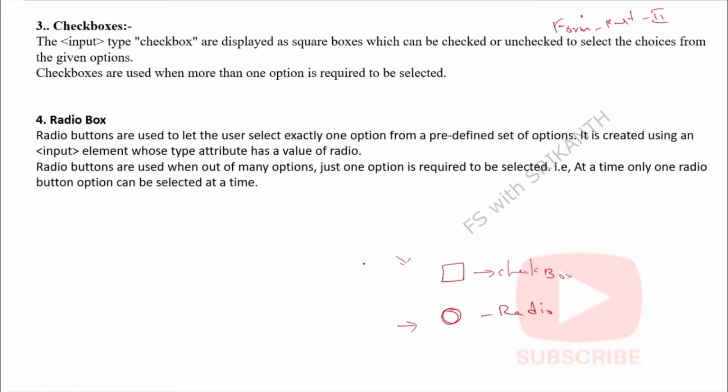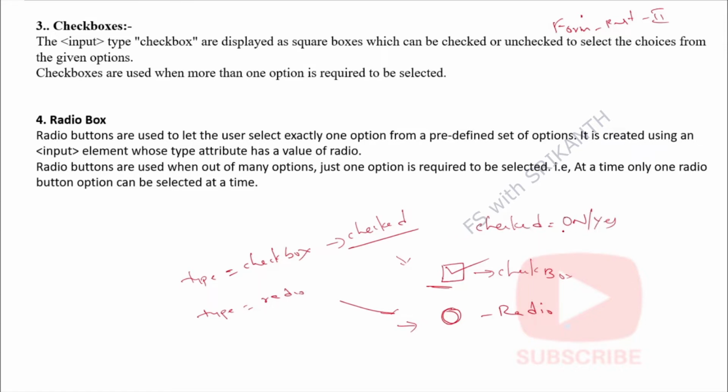When we use type equal checkbox, this is created automatically, and when we use type equal radio, this is created. If we use the checked attribute, it comes checked by default, meaning on. We write checked equal on, where on means yes, and we can write off or no. We will check this checked attribute in detail. Checkboxes are a collection of values, and radio buttons are a group of values.